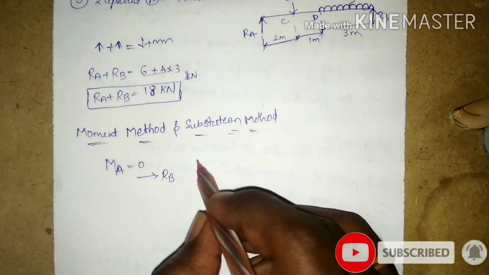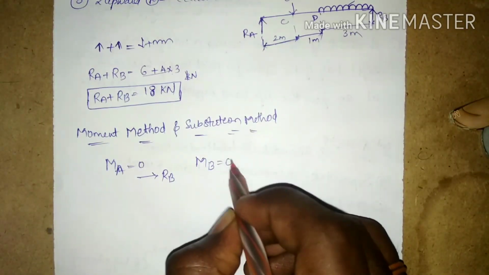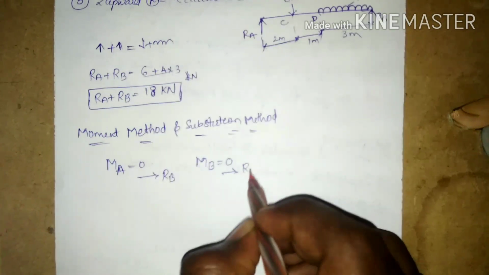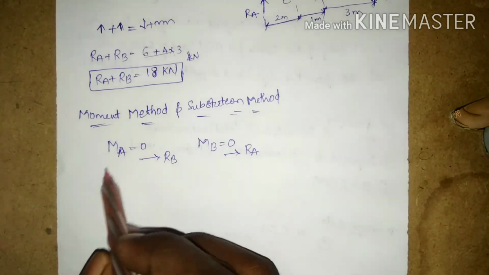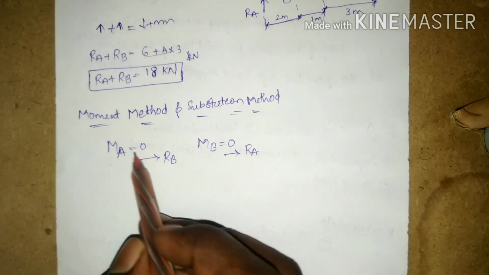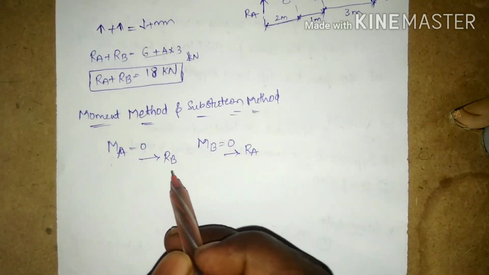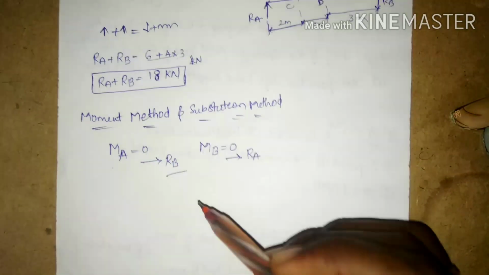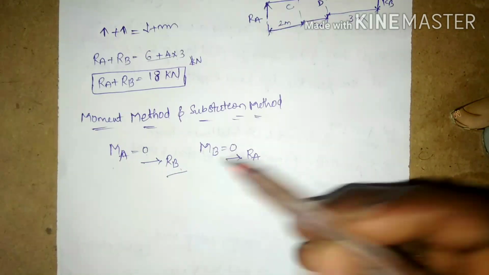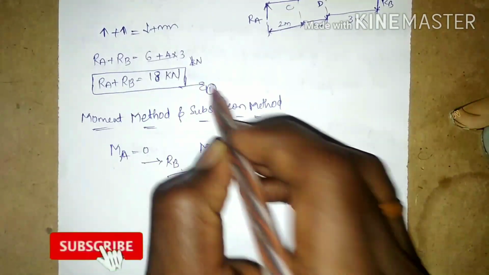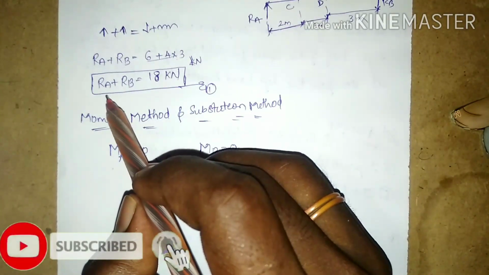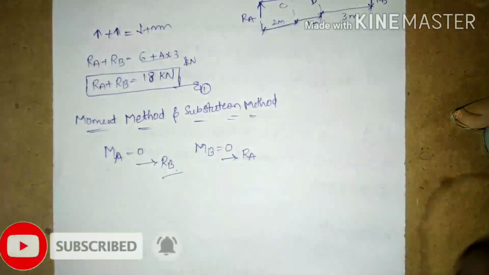If I take the moment about B equal to 0, then I am going to find the reaction RA. Here I take the moment about A equal to 0, then I find the RB reaction, and substituting the value of RB in equation 1, I get the value of RA. This is called the substitution method.